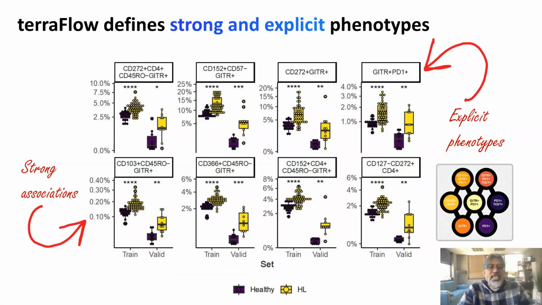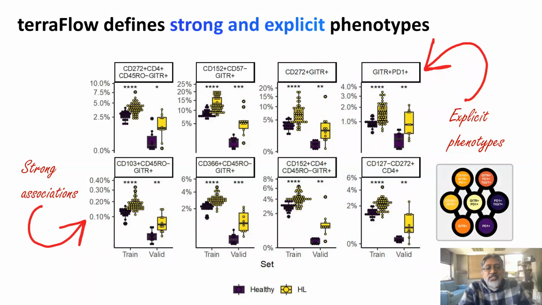You can actually go to your data and you can gate that, and you can easily replicate this and prove that it's correct. terraFlow is identifying the populations on a massive scale in the same way that you would if you just had a handful of populations to gate. So we have explicit phenotypes, and we have strong associations that show the differences between Hodgkin's lymphoma patients and healthy donors.